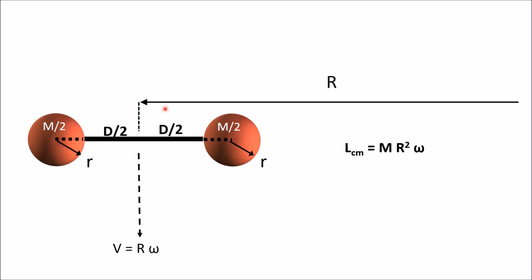In all of these, the vector r goes from the center of curvature out to the center of mass of the objects we're looking at. It's in a single plane in this instance, where the center of mass, located here at the center of the crossbar between these two point masses, is given by that vector r times the angular rate at which the object is moving in an angular direction.